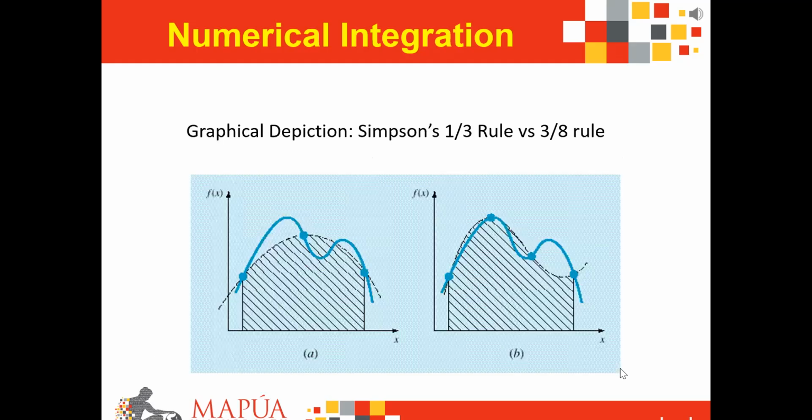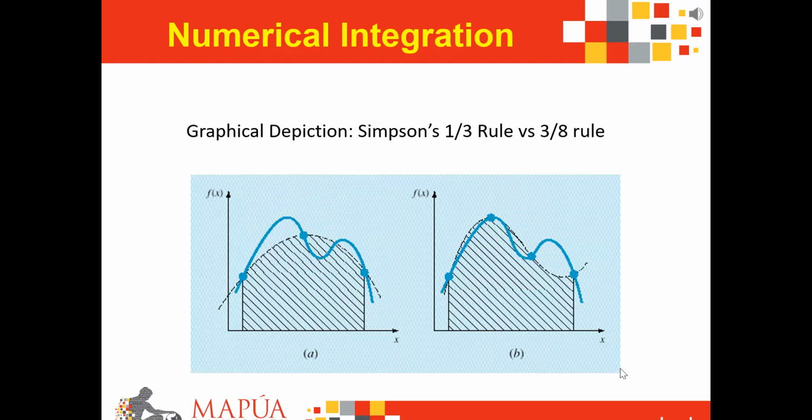This is the graphical depiction of a 1/3 rule against a 3/8 rule. Note that on a 1/3 rule, you subdivide the limit into 2 equal segments due to the fact that you are evaluating or estimating the area of your given function using a parabola.